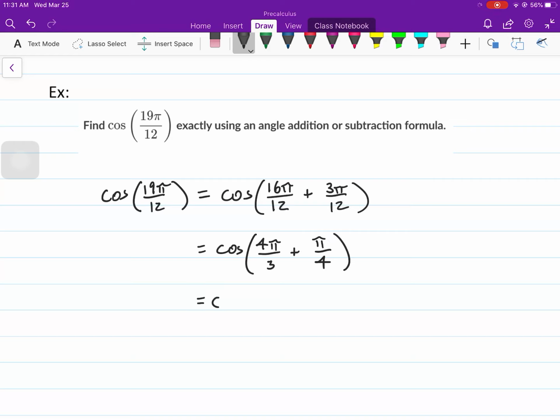And then this would be equivalent to cosine of 4 pi over 3 times cosine of pi over 4 minus sine of 4 pi over 3 times sine of pi over 4.